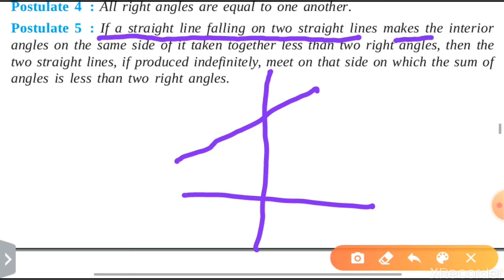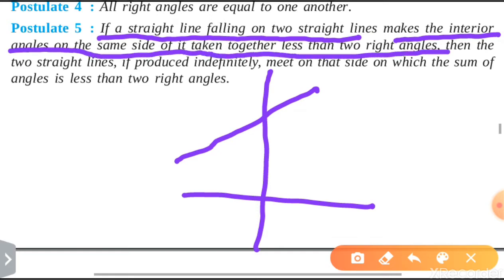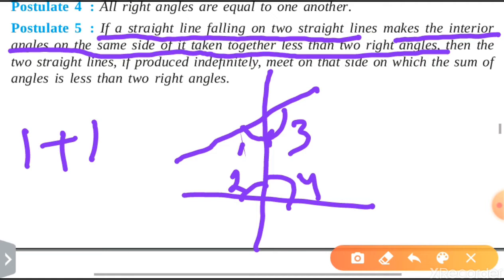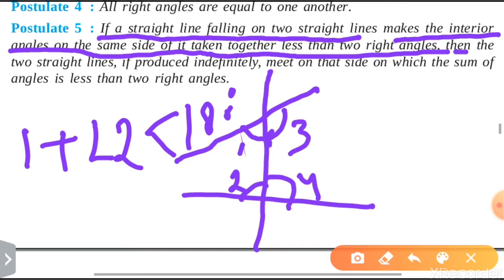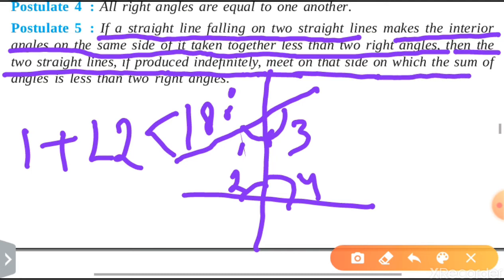If the interior angles are this and this, 1 and 2, and here 3 and 4, and the sum of angle 1 plus angle 2 is less than two right angles, meaning 180 degrees, then the two straight lines, if produced infinitely, meet on that side on which the sum of the angles is less than two right angles.